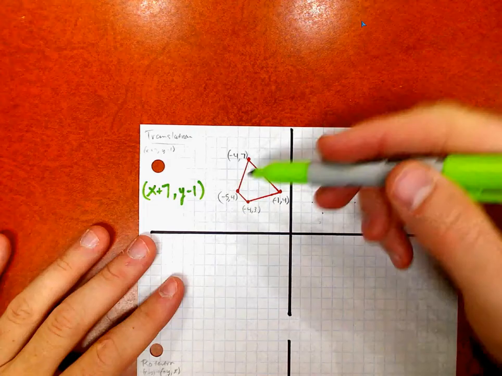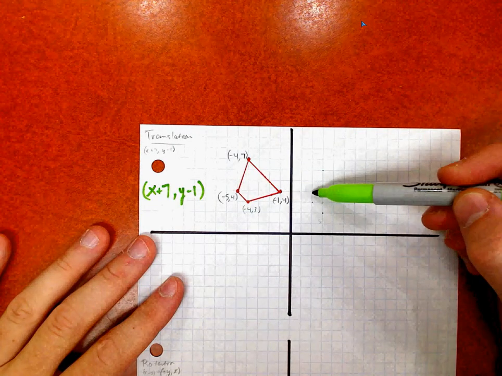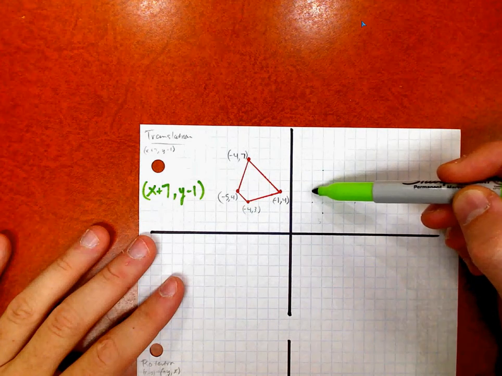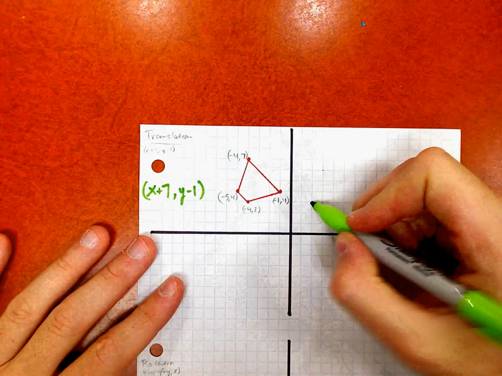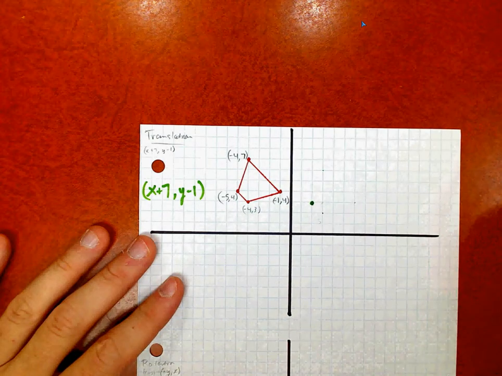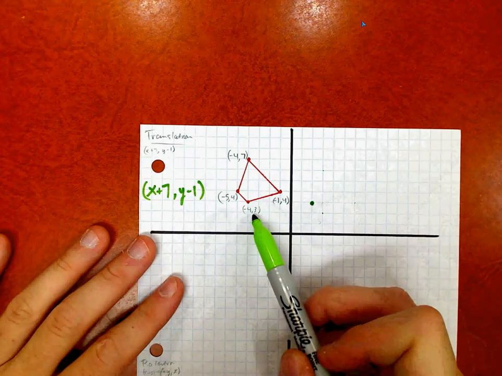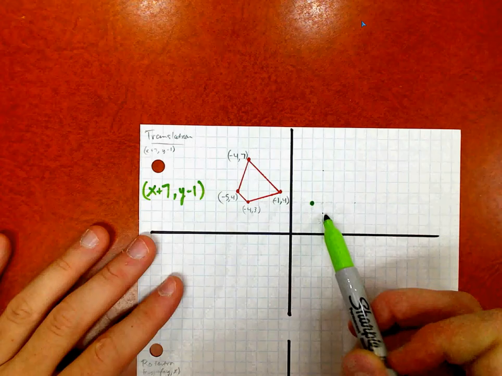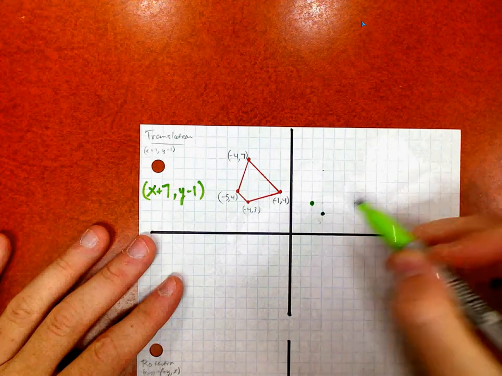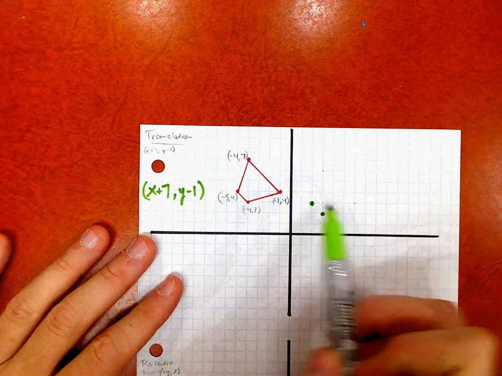which brings it all the way up to 2, but take 1 away from its y value, which takes it down to 3. So here I am at 2, 3. I'll do the same thing with negative 4, 3, which brings us to 3, 2. I'll do that to all the points as well.